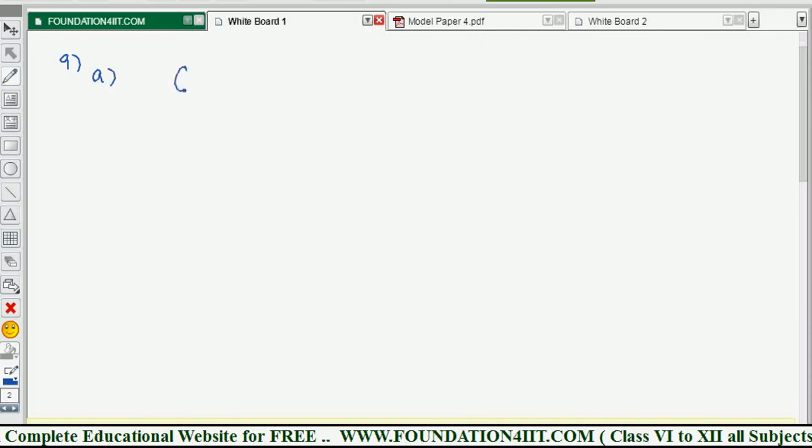So in the geometric progression, the series is 3 by 2, 3 by 4, 3 by 8, and so on. Here the A value is 3 by 2 and the R value you should find out. So A is equal to 3 by 2 and R is the common ratio.